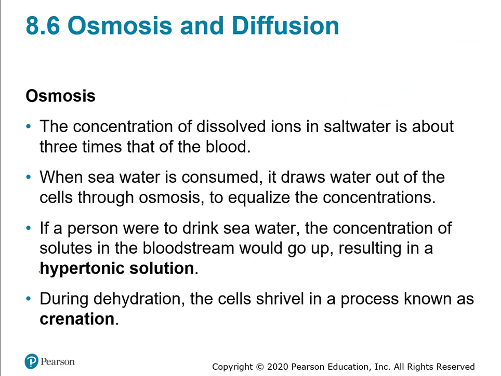The other one that happens is hypertonic. Under hypertonic conditions, this really does happen if somebody gets dehydrated. So say you're a little kid or an adult and you've got the flu, which means you have a fever. When you have a fever, you sweat, but you don't notice it because it evaporates, but you're actually sweating.